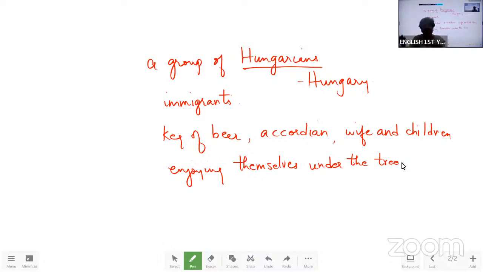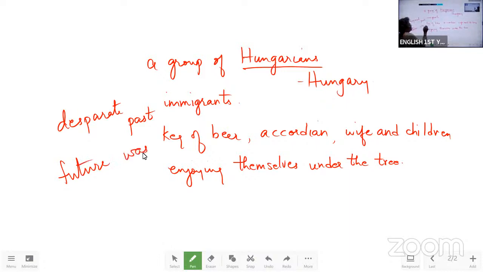And you don't know what future holds for you. He wanted to point out to you that they had a desperate past, and what future holds for them, they did not know, but they were enjoying themselves, enjoying the present time. And that's what mattered to him.